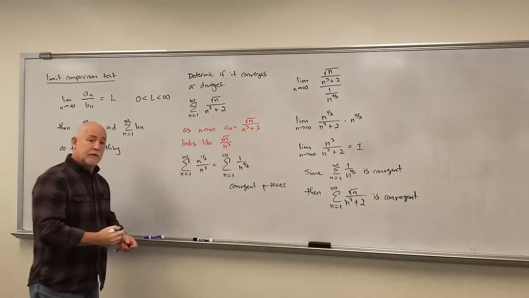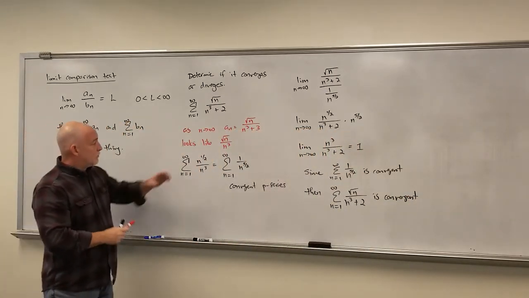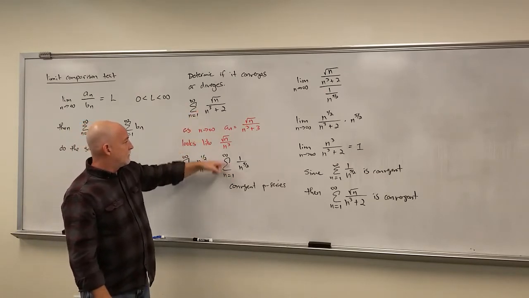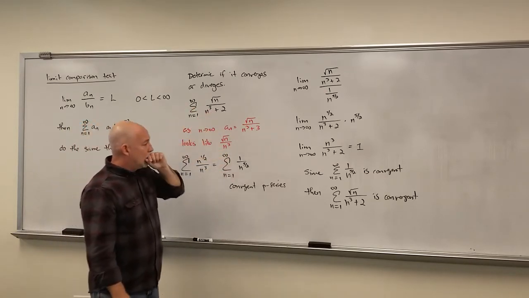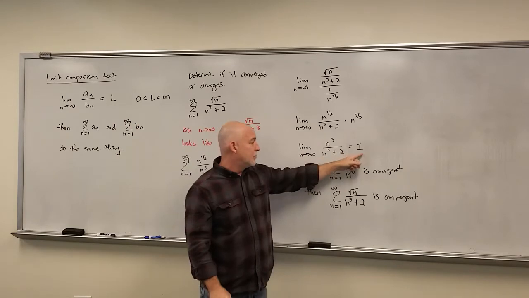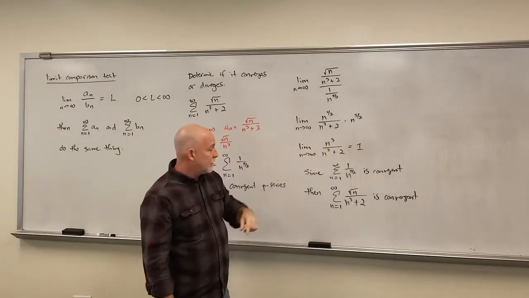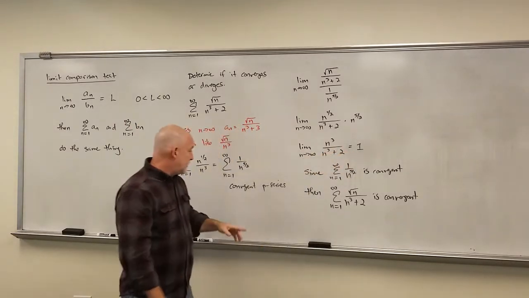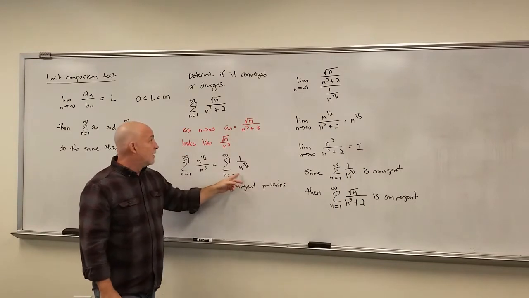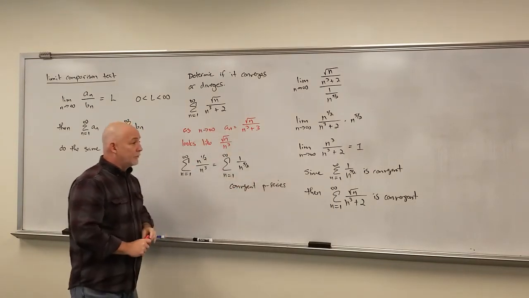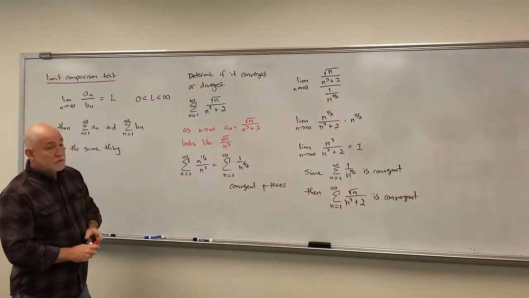Okay, so the idea here is if you do the limit between the two series, a sub n, b sub n, that you're looking at, and you get a finite value falling between 0 and infinity, they're doing the exact same thing. Since we knew what the p-series was doing, we know what this one here is also doing. All right, so pretty easy test.